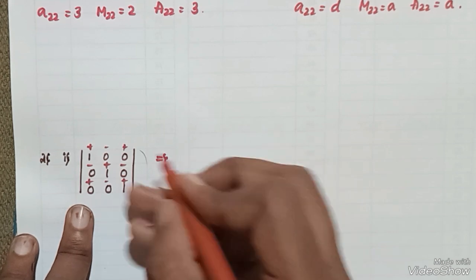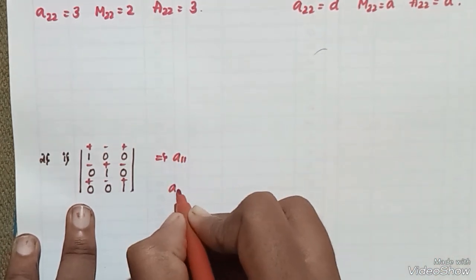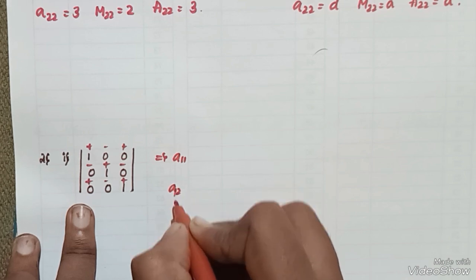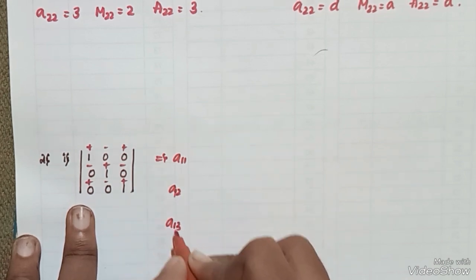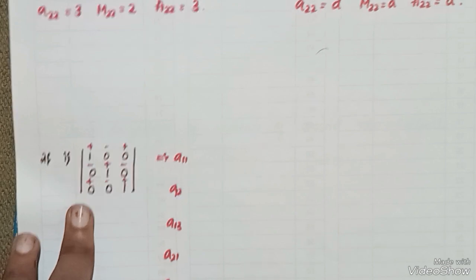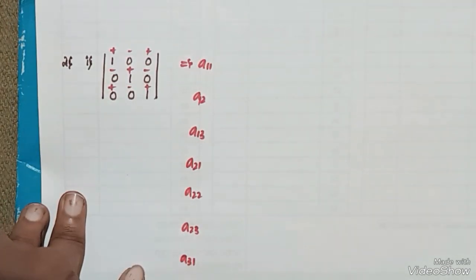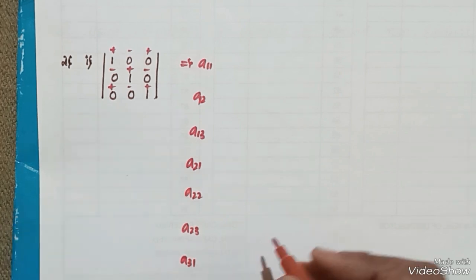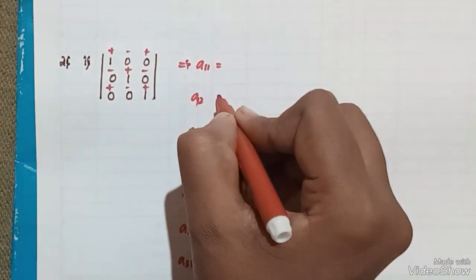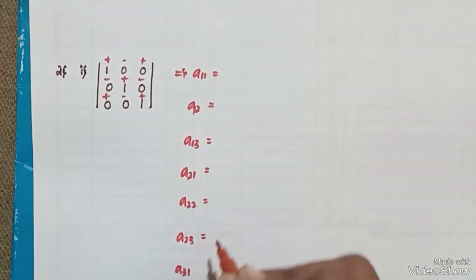Here the elements are A11, A12, A13, 21, 22, 23, 31, 32 and 33. For these elements we have to find the minors and cofactors.